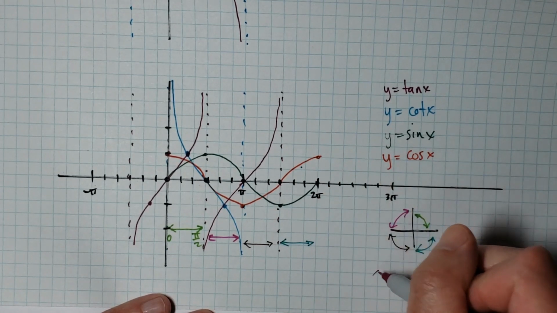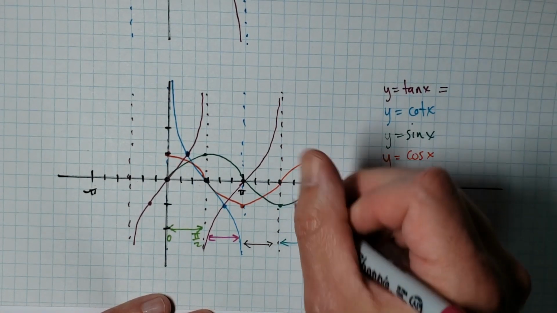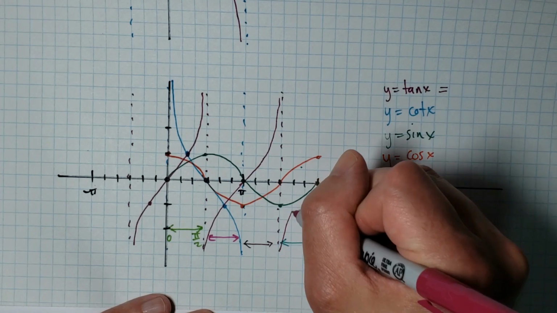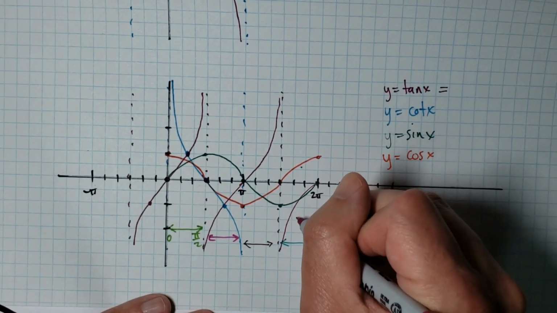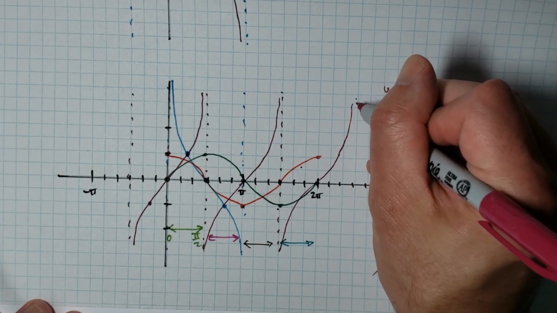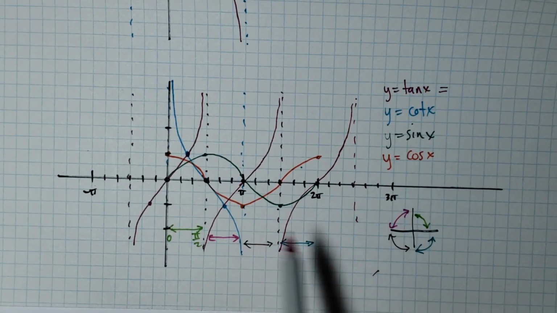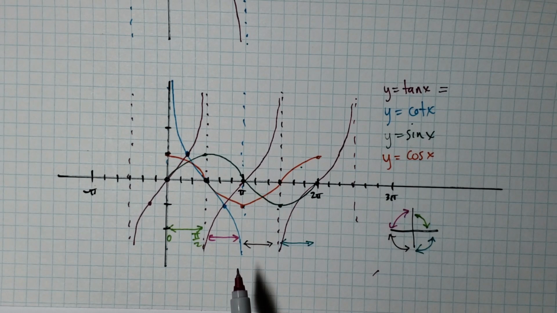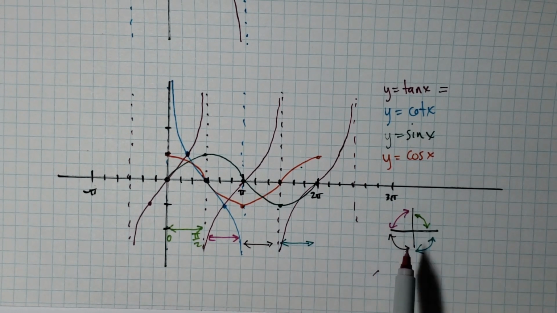Is it this one? This one? Yeah. It would look like this. And so you can see that it would also be negative, right? Because it would be like that. So just showing you that the graphs are positive or negative in the quadrants as they should be.